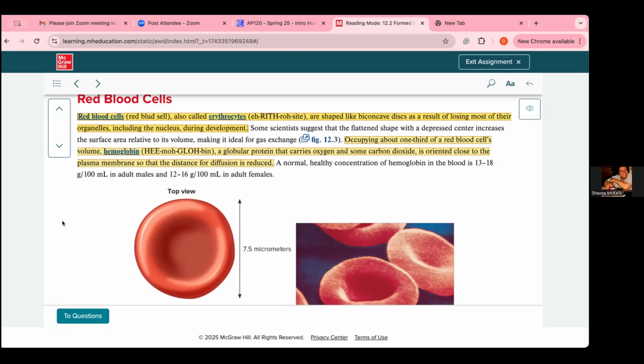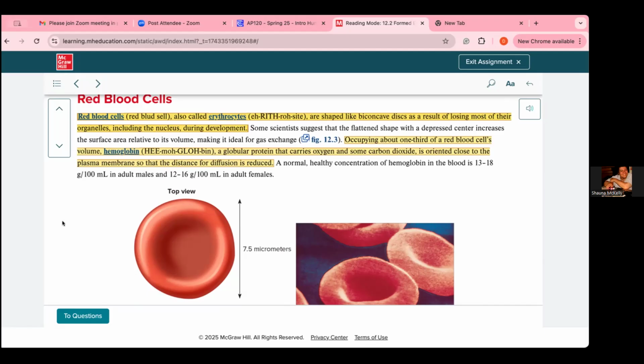So hemoglobin, a globular protein that carries oxygen, is oriented close to the plasma membrane. I think it would be hemoglobin, but I'm not sure what they're looking for there, because of the way they asked it.